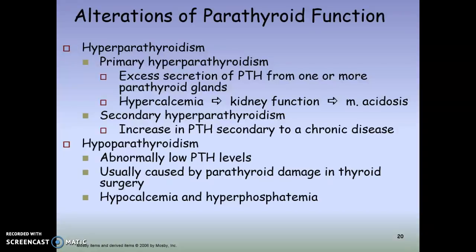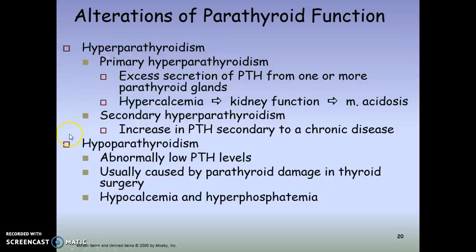That can result in fractures, and compression of the spine can be an issue. Chronic hypercalcemia may be associated with kidney stones as well. Calcium is one of the major components of kidney stones. There can be issues in the GI system, and then also muscle weakness.